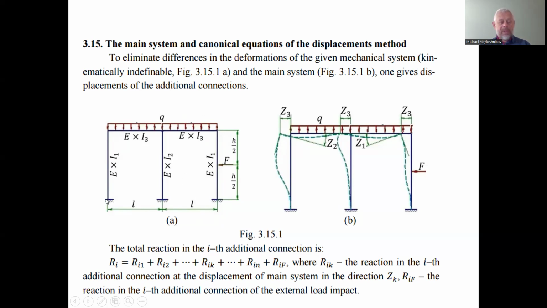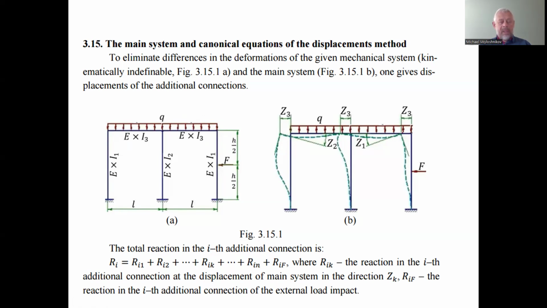So we replace all joints in the system, whether fixed joint or rigid joint, this is the hinged, this is the embedded joint, etc. We can reduce all connections in the mechanical system to hinges, and after that consider how many displacements are possible, what is the degree of freedom of the hinged scheme, which we consider instead of the assigned statically indefinable scheme.